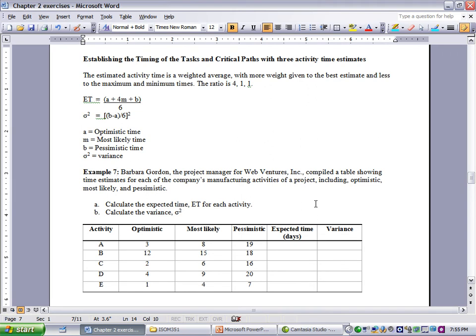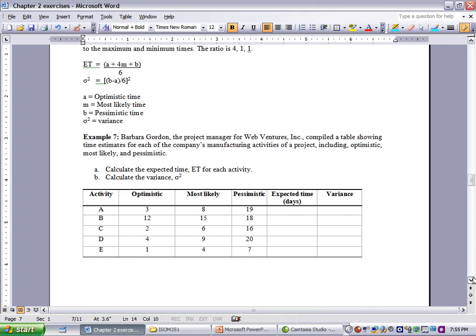Okay, so for this activity, we're going to try to estimate it.